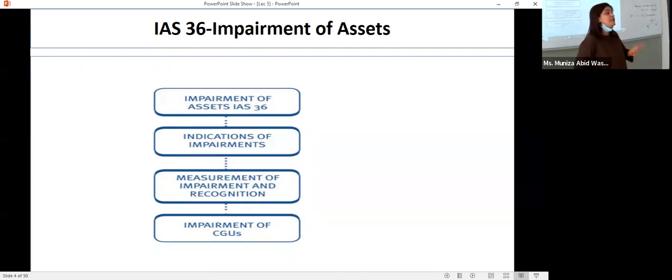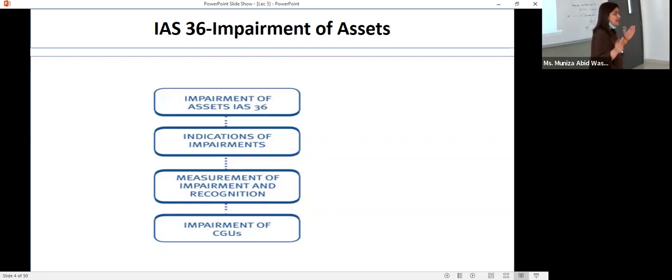How are you going to treat this impairment now? If, say, for example, impairment loss is 200,000, 100,000 will be taken as a debit in statement of other comprehensive income up to the amount of the revaluation gain, and the remaining over and above the revaluation gain recognized earlier, you are going to recognize in statement of profit or loss.